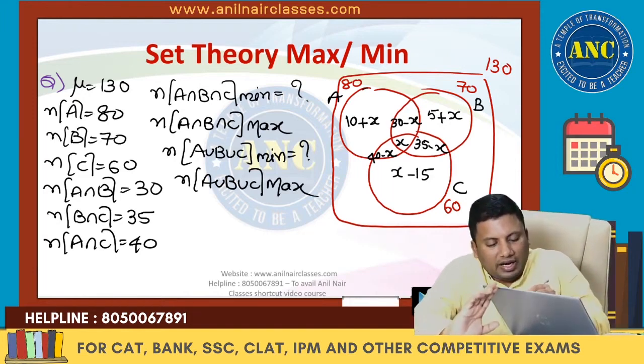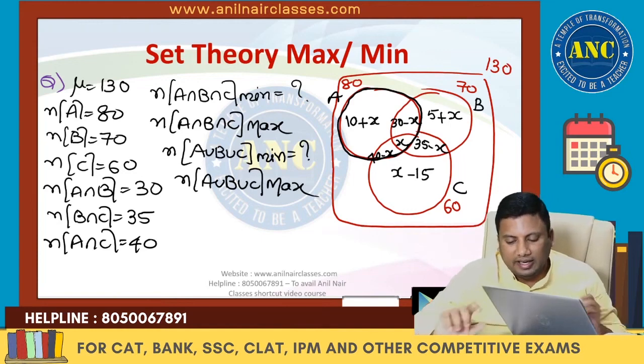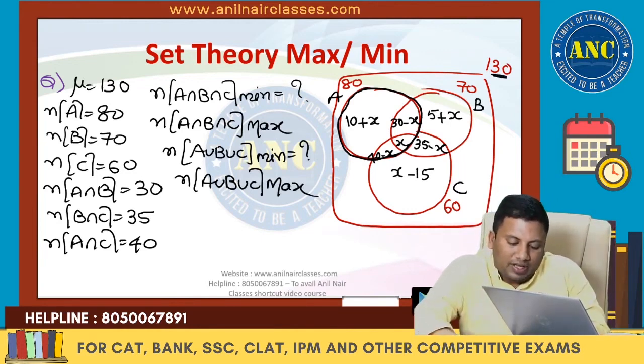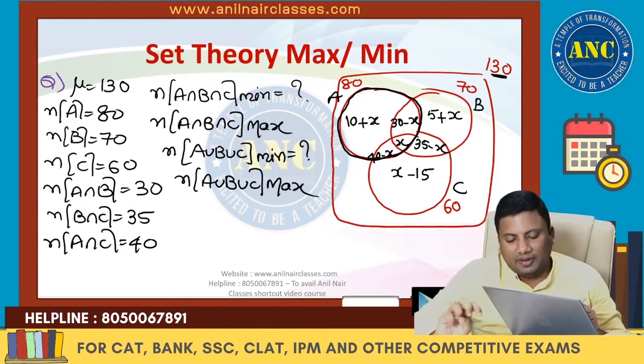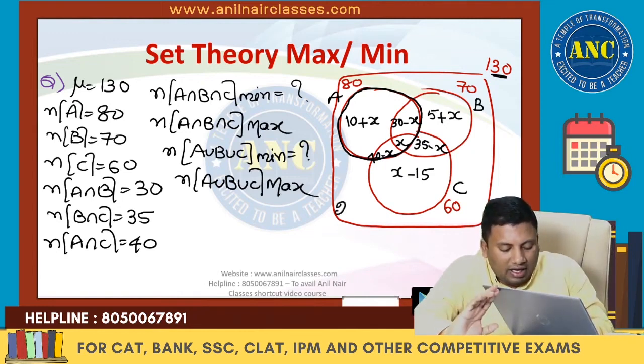Now, this entire circle value is nothing but 80. Total outside it is 130. 5 plus 35, 40. 40 minus 15, 25. 80 plus 25 is 105. Remaining is 25.